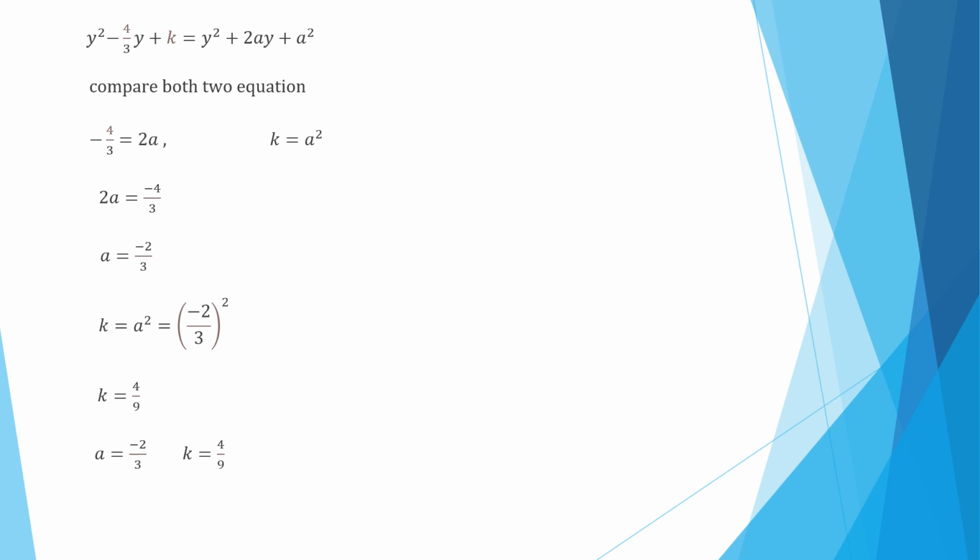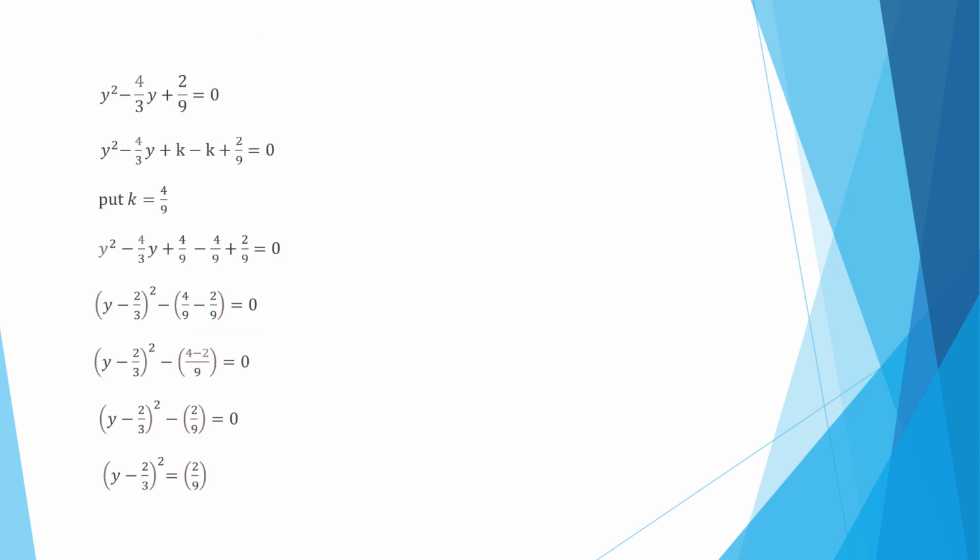Here a is equal to minus 2 by 3, so the square of a is minus 2 by 3 square, which is 4 by 9, since minus 2 square is 4 and 3 square is 9. So we write k is equal to 4 by 9. Here we get a is equal to minus 2 by 3 and k is equal to 4 by 9.